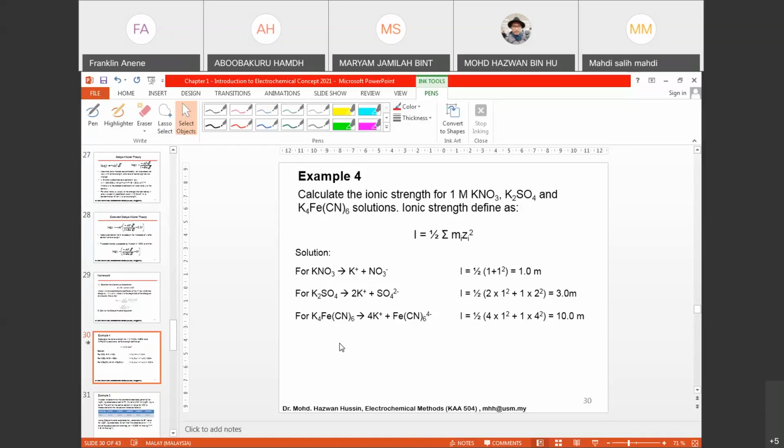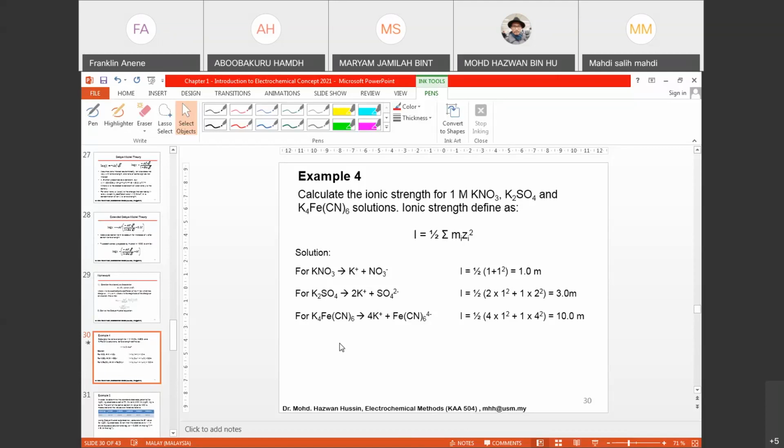The charge produced is 1 for K plus and 1 for NO3 minus. Then I is equal to half times 1 times 1 squared plus 1 times 1 squared. 1 plus 1 is 2, 2 multiplied by half, you get 1.